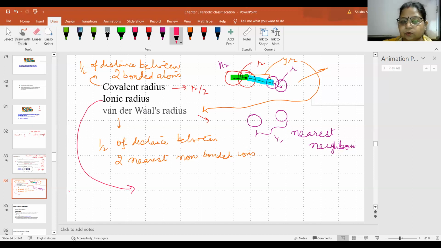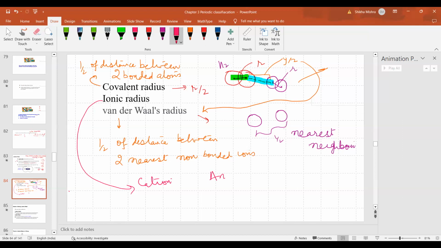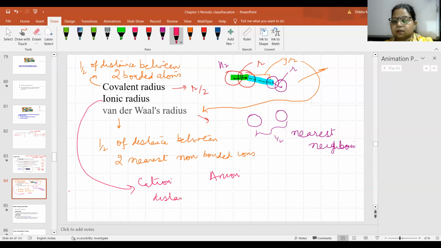Just say yes or no. Okay, great. It is the distance between the outermost electron and nucleus, right?